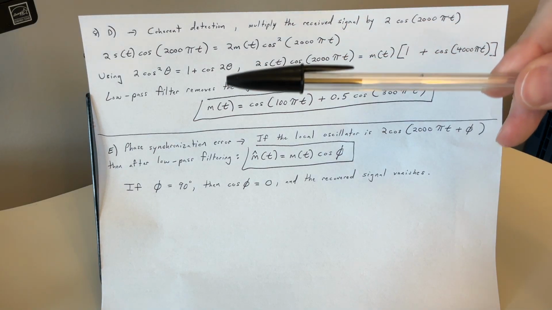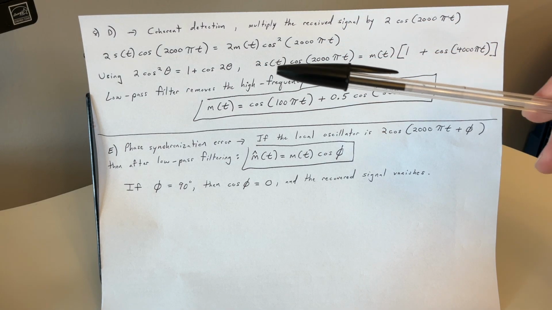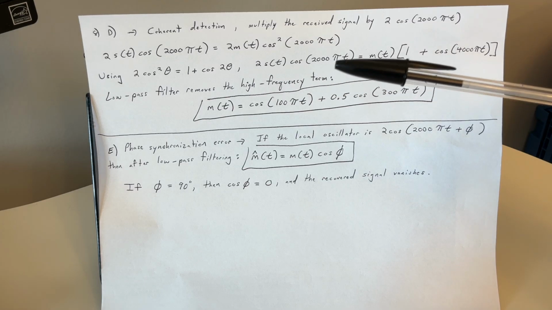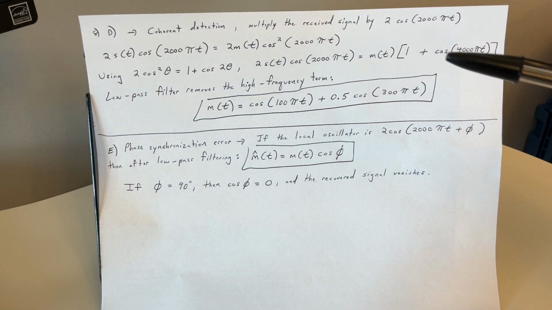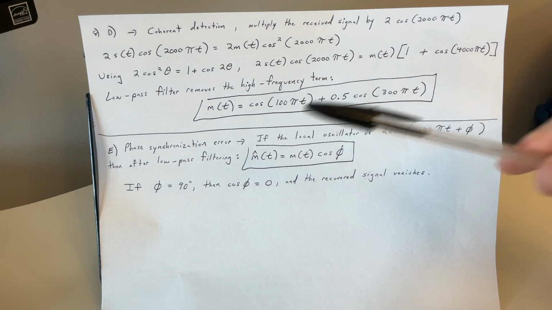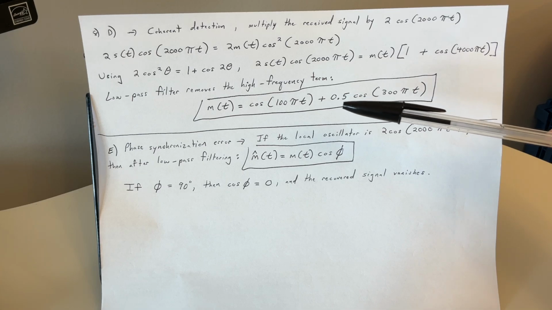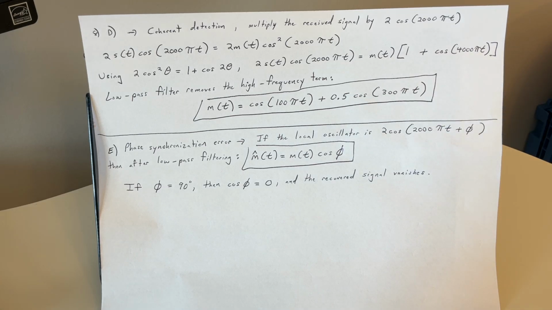Using 2 cosine squared theta equals 1 plus cosine 2 theta. We get 2s of t cosine of 2000 pi t equals m of t times the quantity in brackets 1 plus cosine of 4000 pi t. So our low pass filter removes the high frequency term. Thus we're going to get m of t equals cosine of 100 pi t plus 0.5 cosine of 300 pi t.